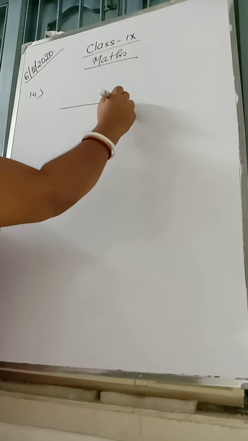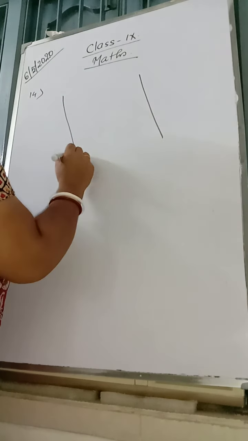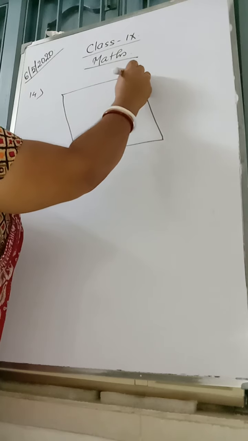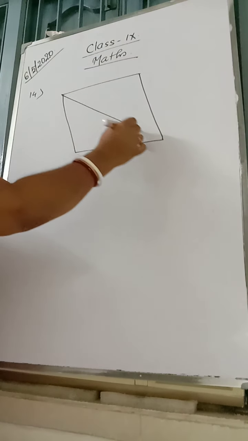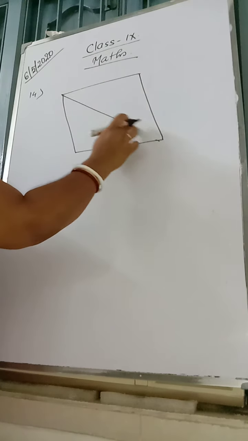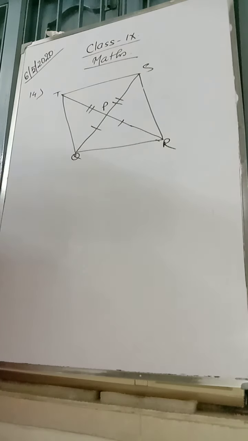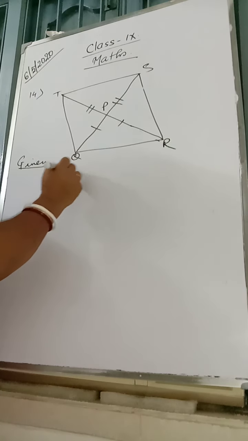Now look at question number 14. The figure is this: P, T, S, Q, R is given in triangle PQR.